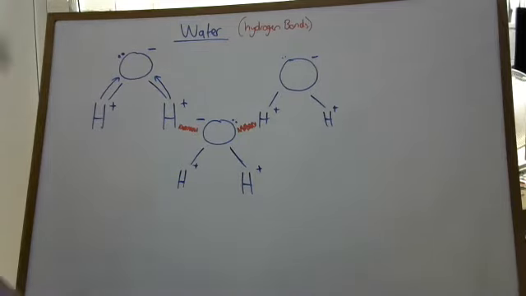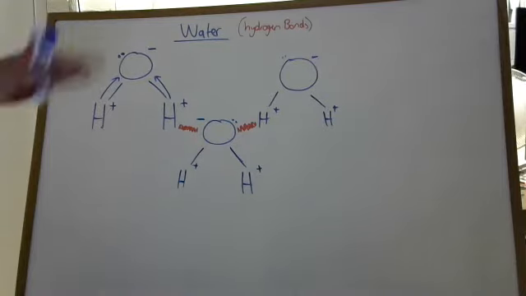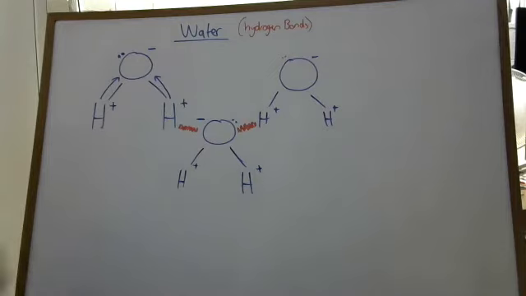Shock horror, I know. So water has a boiling point of 100 degrees when it really should only have a boiling point of, I think it's 37 degrees, but it's because of this hydrogen bonding that allows it to have the higher boiling point.